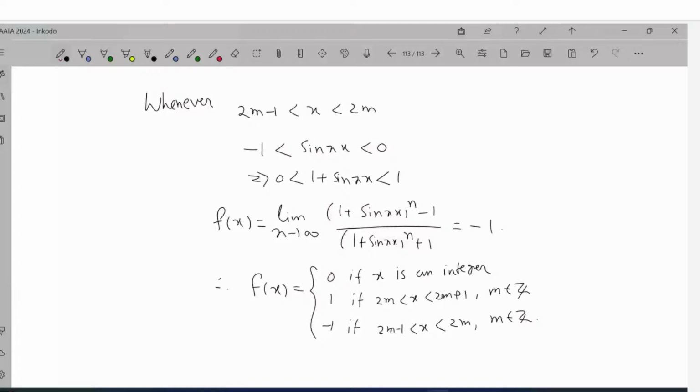This is the actual function. It's given in a complicated form, but the function is like this.